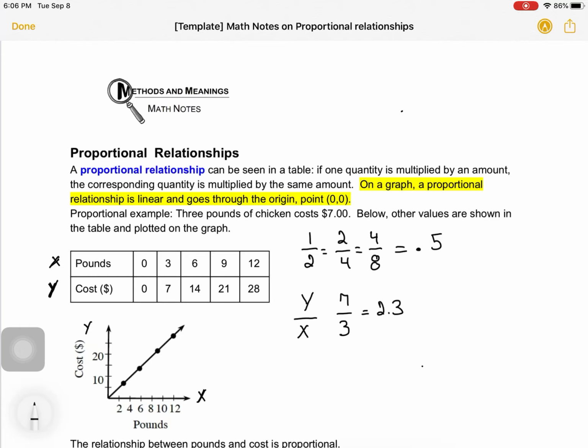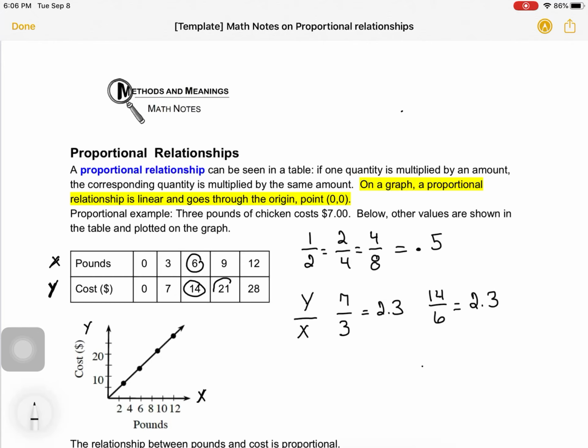Okay. So then I'm going to say, well, what about 14/6? 14 divided by 6, because I'm doing y over x. And when I do 14/6, I also get 2.3.